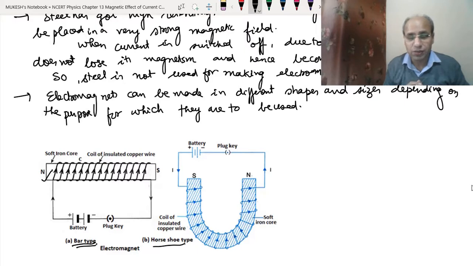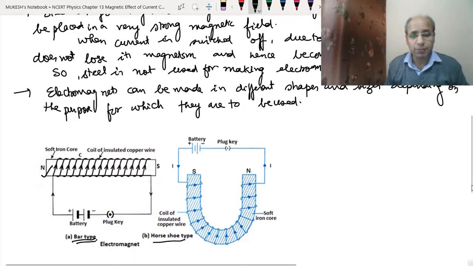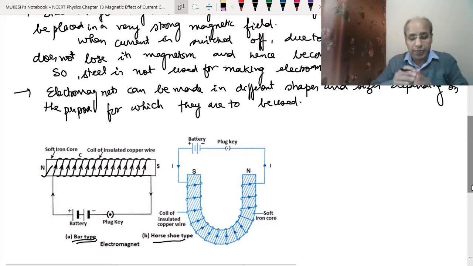If the current is in the clockwise direction, it will be a south pole, and the other pole will be the north pole. If it is in the anti-clockwise direction, then it will be a north pole and the other will be a south pole. So we will use the clock face rule here to find the polarity of the electromagnet.